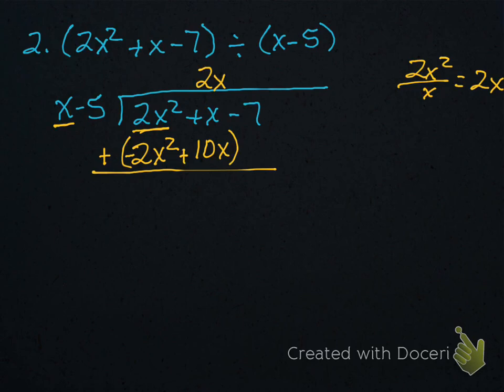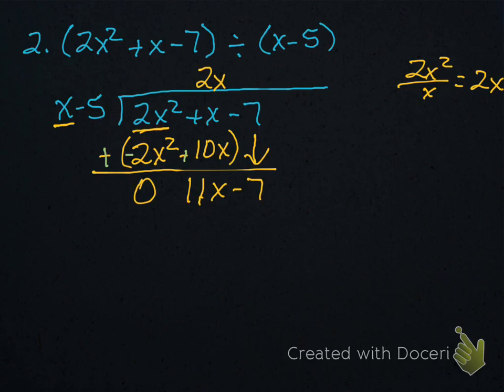Let me do that in a different color just to help you see that. I change my negative to a positive and change my signs. Now 2x squared minus 2x squared is 0. And then we have x plus 10x, which gives us 11x. I'm going to bring down my negative 7.